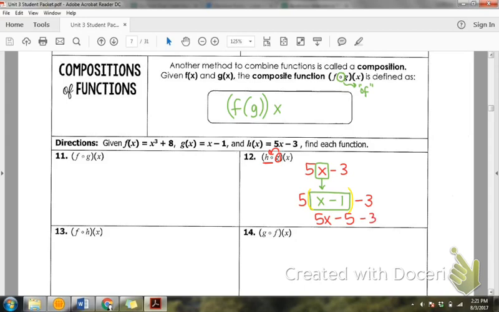And negative 5 and negative 3 is negative 8. So we can say h of g of x equals 5x minus 8.